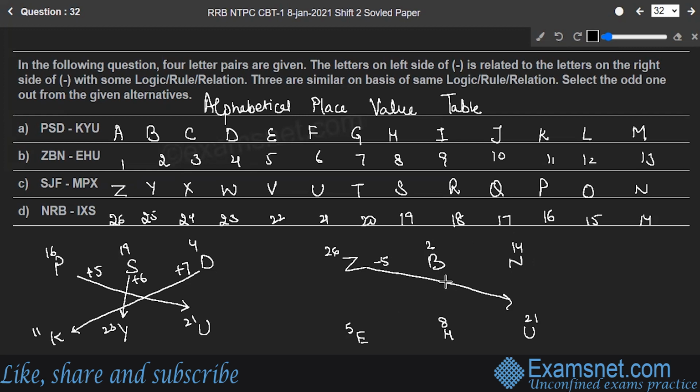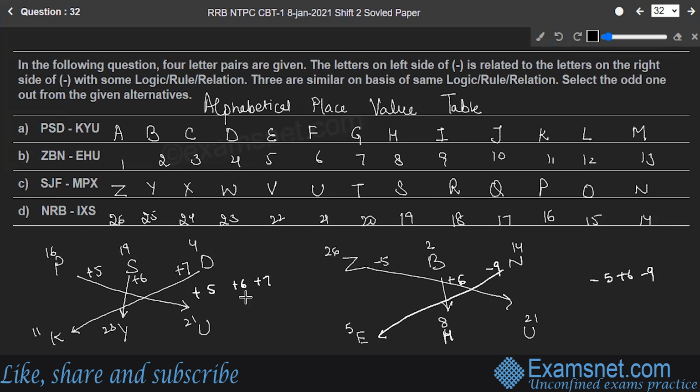Then 2 to 8, I have a plus 6. Sorry, I was reading H as 14. Okay. Then 14 to 5, I have a minus 9 over here. So here the logic was plus 5, plus 6, plus 7, minus 5, plus 6, minus 9. Next, SJF MPX.